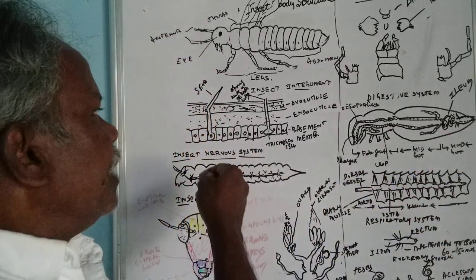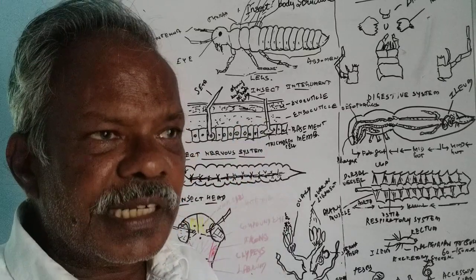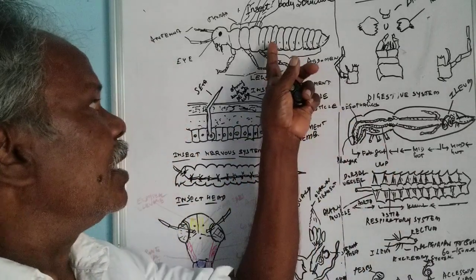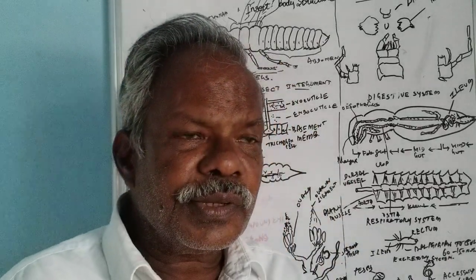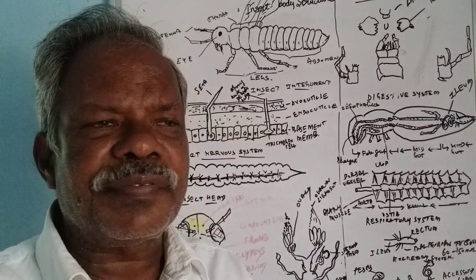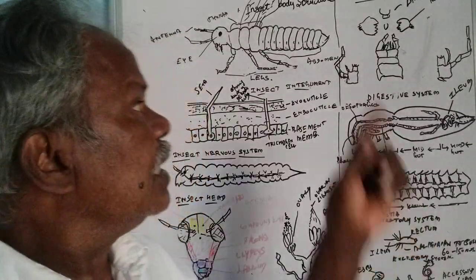Now we are coming to the insect integument, but first another important thing in the external structure. We have to identify the dorsal side, ventral side, anterior and posterior side. What is the dorsal side?